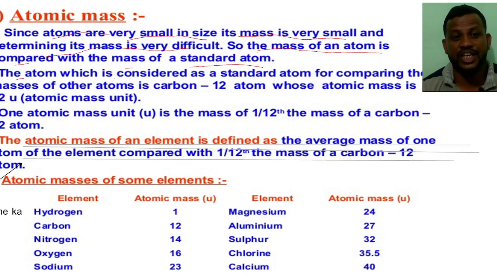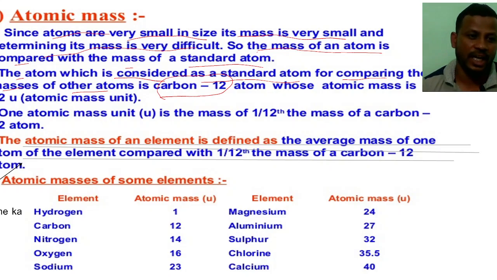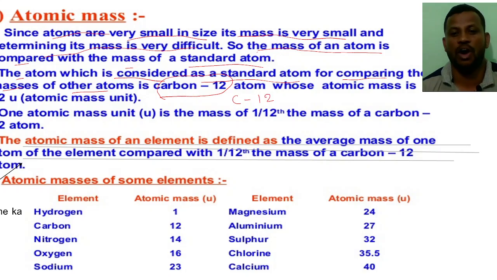The atom which is considered as the standard atom for comparing the mass of other atoms is carbon 12. Carbon C12 is the standard form to compare the atomic mass of different elements.